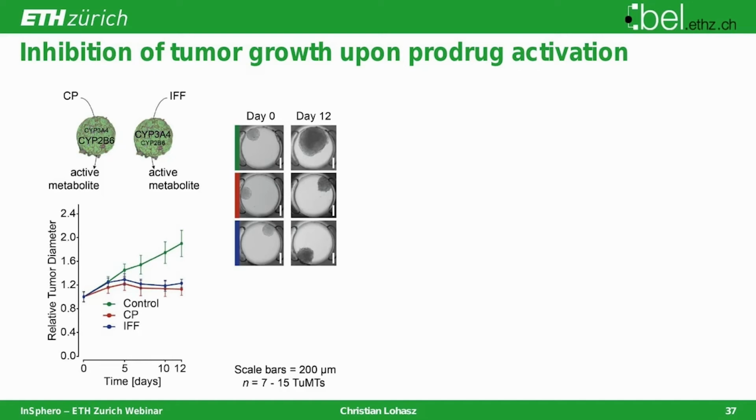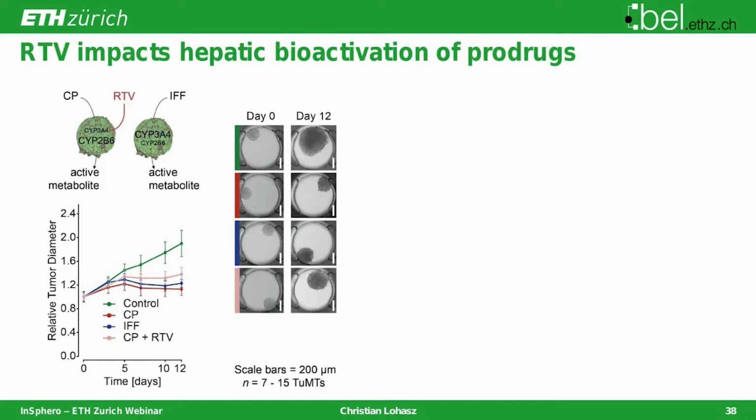Now combining cyclophosphamide with ritonavir, we saw that the growth of the tumor microtissues was still inhibited to a certain extent. So the prodrug still showed an activity against the tumor microtissues. However, if you look now at the representative images, the tumor microtissue at day 12 appears to be slightly bigger than under the single drug treatment.